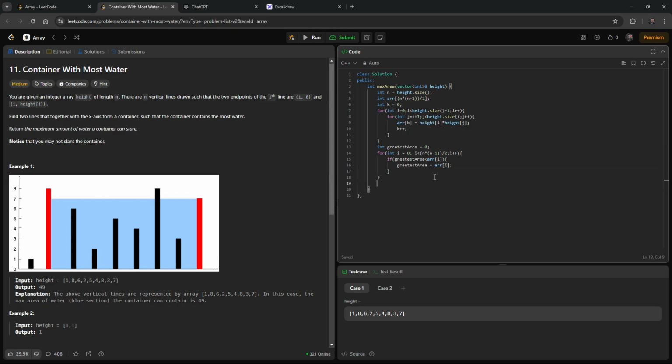And after doing that, the greatest area will be present inside of the greatest area variable. After that, we should just return greatest area.